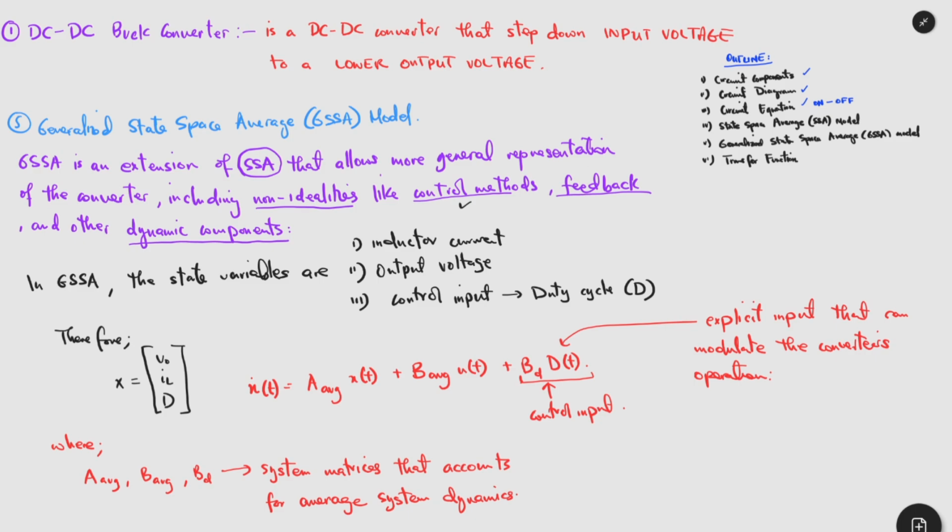We can substitute the values we previously discussed and add the control input, which is the duty cycle. I believe you know what a duty cycle is: a pulse train whose width can be varied to act as a control for most DC to DC converters, and one of these converters is the buck converter.